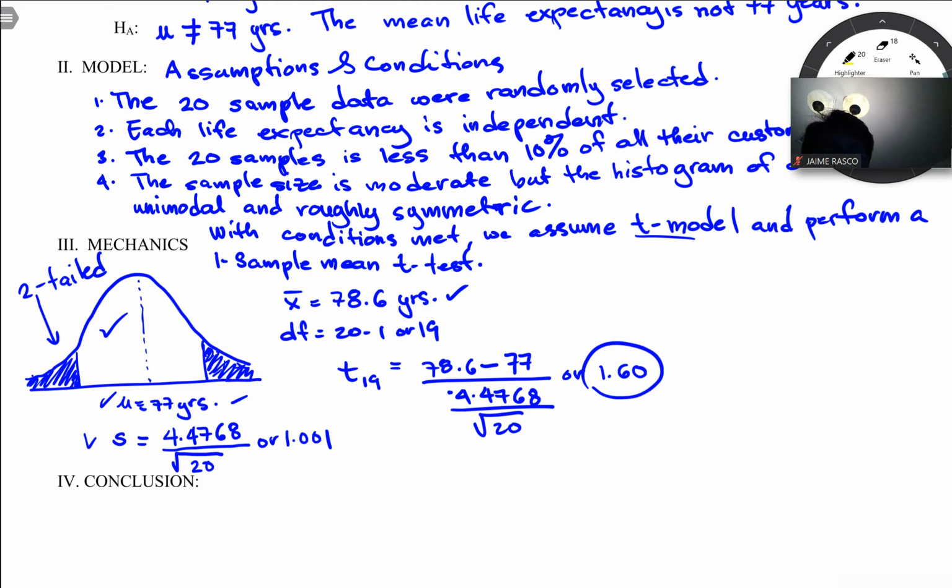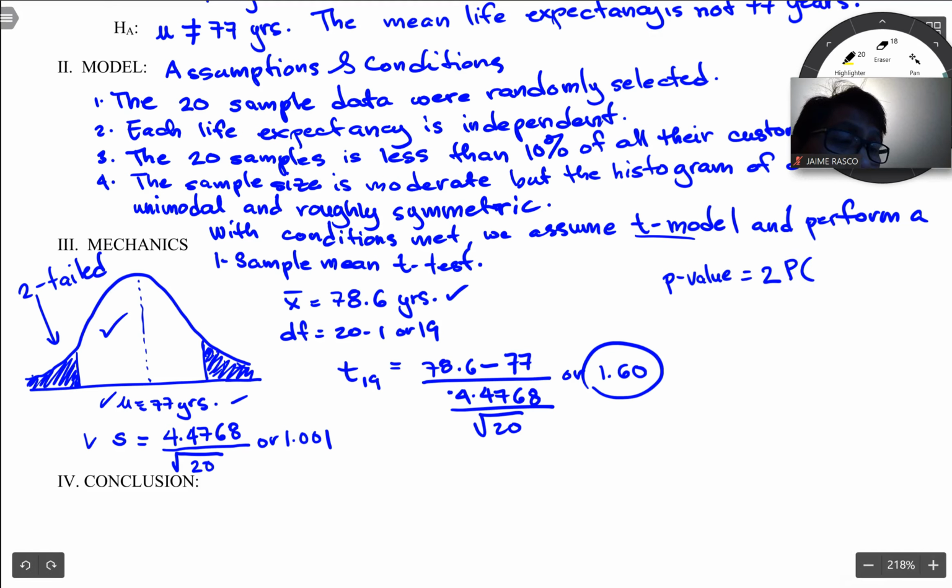Okay, so let's do the p-value now. The p-value is going to be 2 times the CDF, because we have 2 shaded areas right here. So that would be 2 times the probability that T is greater than 1.6.